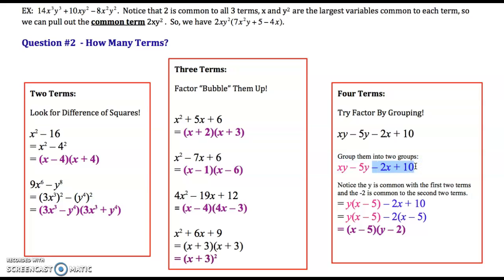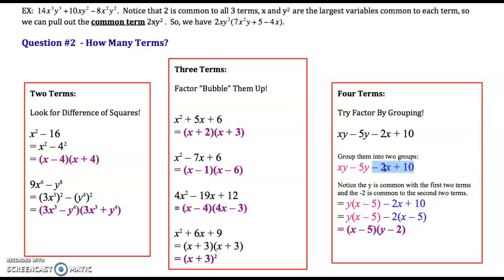And then what happens is from the first half, you want to pull out what's common to both. And what's common to both is a y. And I'm left with an x minus 5. In the second half here, I have a 2 that's common to both.